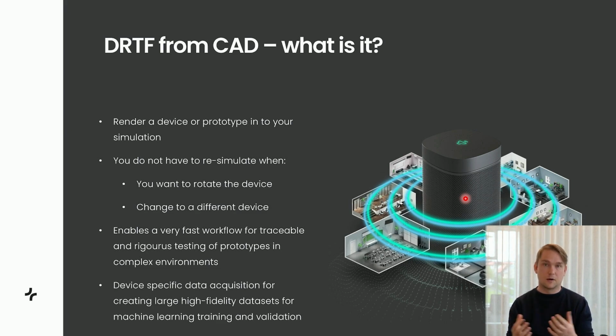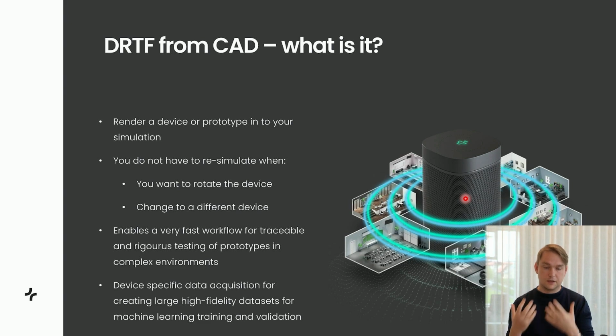Similarly, I can swap out my device in these complex environments. So if I want to do data acquisition for a smart speaker with 3 and 6 microphones, I can just render in the device in post-processing, and also in a few seconds I can get this device-specific output. There's no reason to re-simulate for me. That saves me a lot of time, but it also saves me a lot of cost.